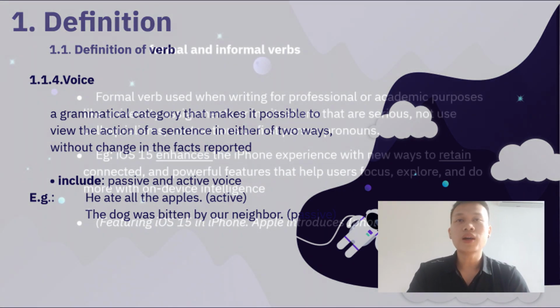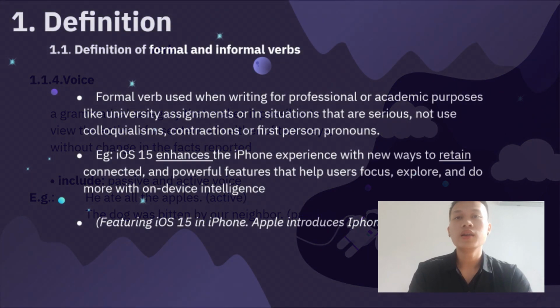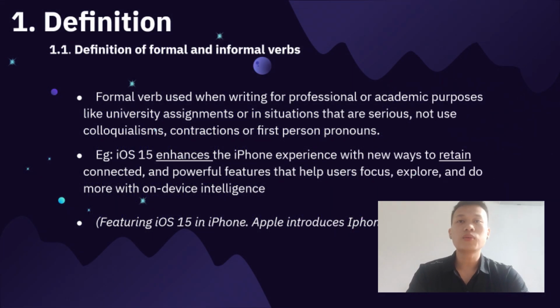Okay, now it's the main part we need to focus on. It's about the definition of formal and informal verbs. Formal verbs are used when writing for professional or academic purposes, like university assignments, or in situations that are serious, not using colloquialisms, contractions or first-person pronouns.